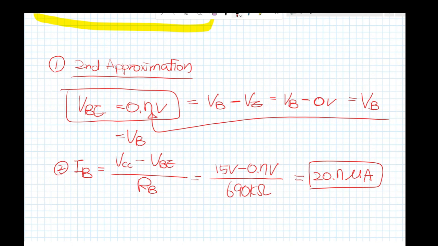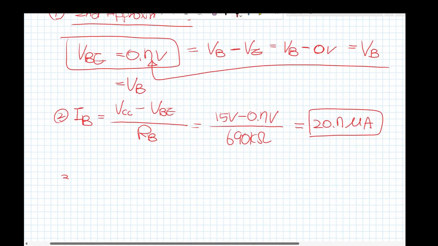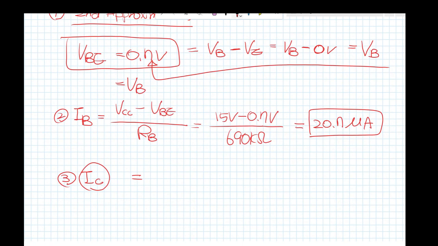The next one is the collector current. The collector current we learned before is beta times I sub B. The beta is 75 and I sub B we have already calculated, 20.7 microamp.